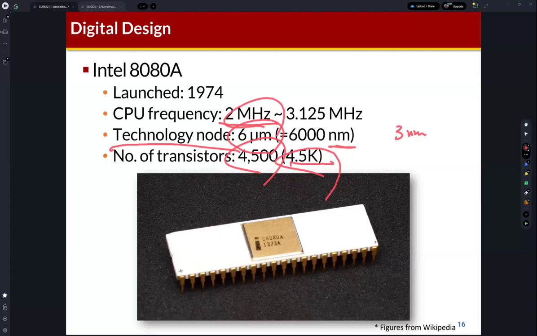So why did I mention clock frequency here? Because clock frequency is tightly connected to performance.